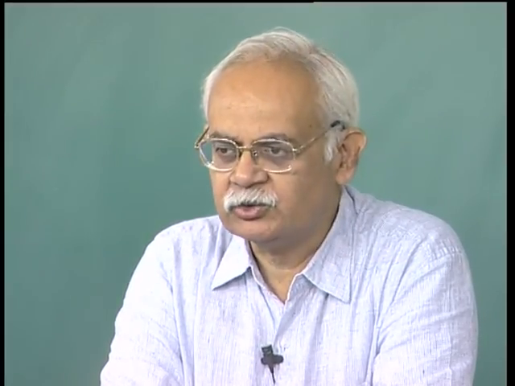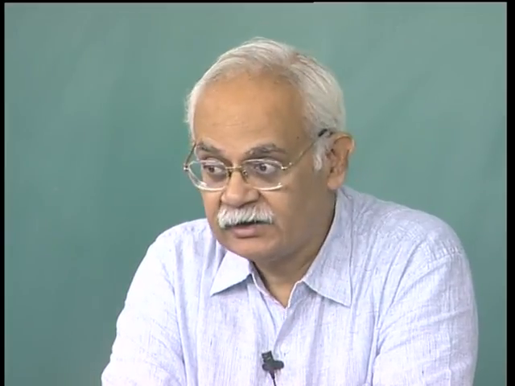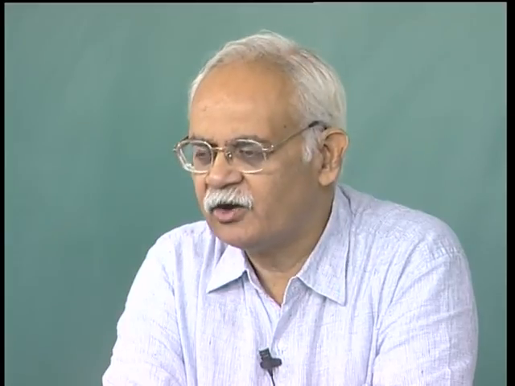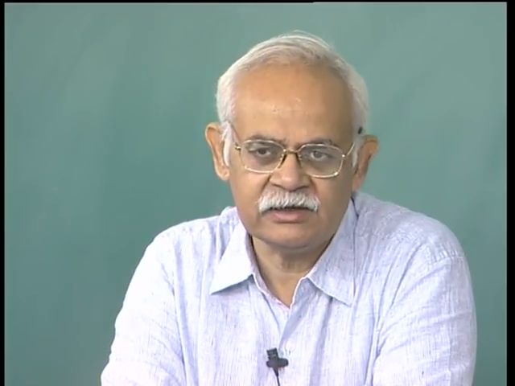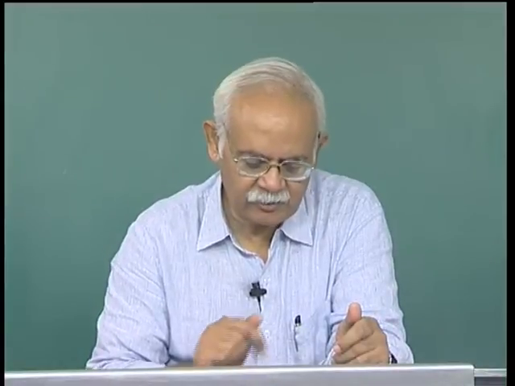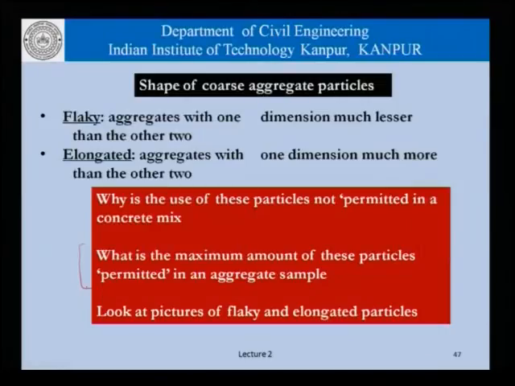As engineers, therefore, we are allowed to use aggregate samples provided the amount of flaky particles and the amount of elongated particles do not exceed a certain maximum. And this is the maximum that I want you to determine from different specifications as far as the answer to this question is concerned.